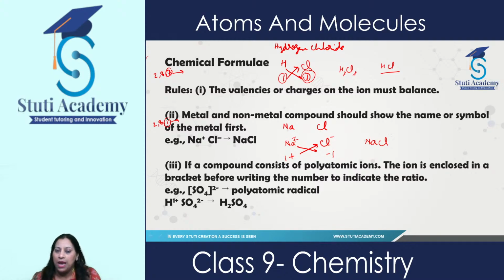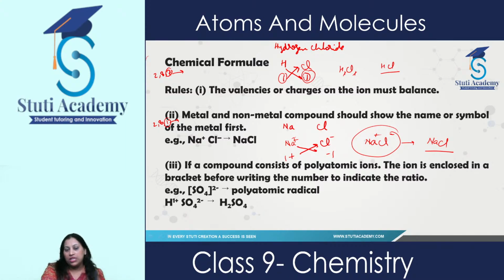You will not write like this. This is not a chemical formula. Don't write like this. The chemical formula is NaCl. It means positive and negative charges are both equal in number.